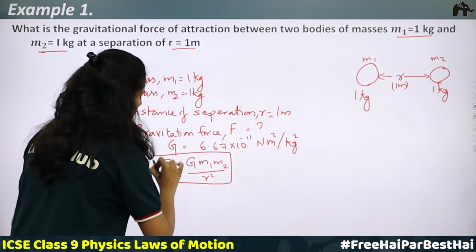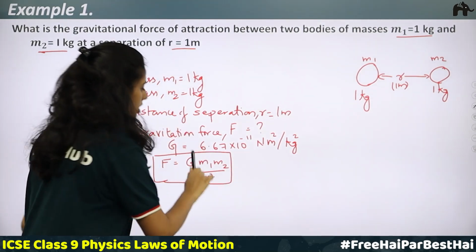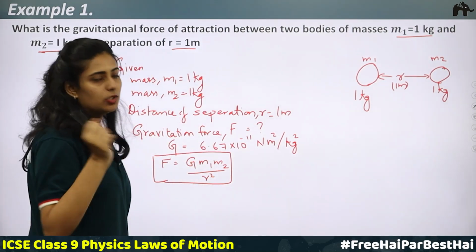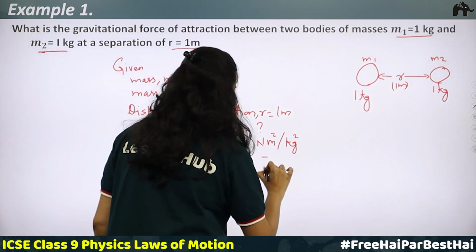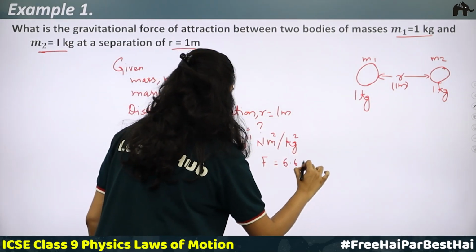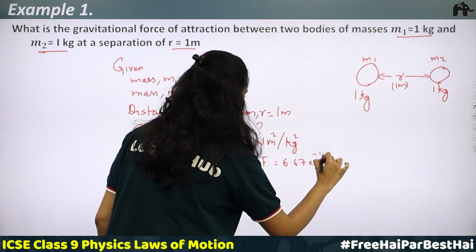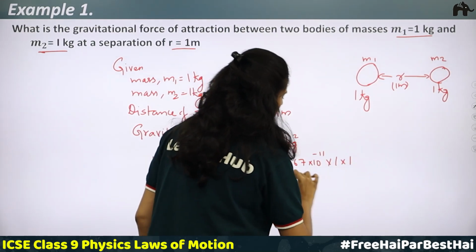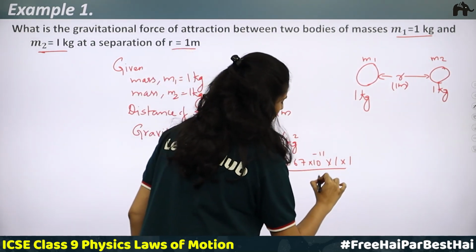We know gravitational force is directly proportional to the product of masses and inversely proportional to the square of the distance between the two masses. Then what is the force? Put the values. F is equal to G, 6.67 into 10 raised to minus 11 into M1 is 1, M2 is also 1 divided by r square, 1 square.